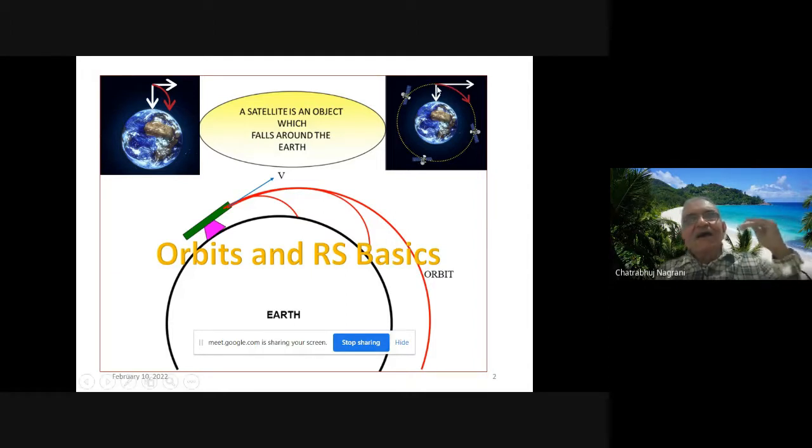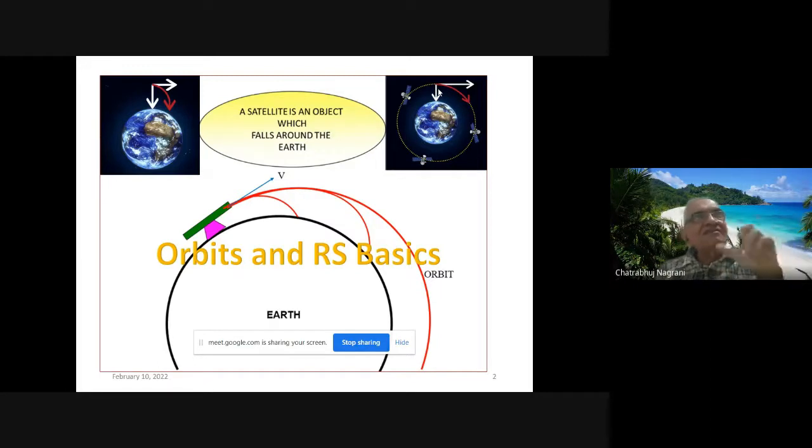That is the centrifugal force, and the Earth is pulling it down because of gravitation, and that force is G, the universal gravitational constant, multiplied by the mass of the Earth, multiplied by the mass of the satellite, divided by r square.